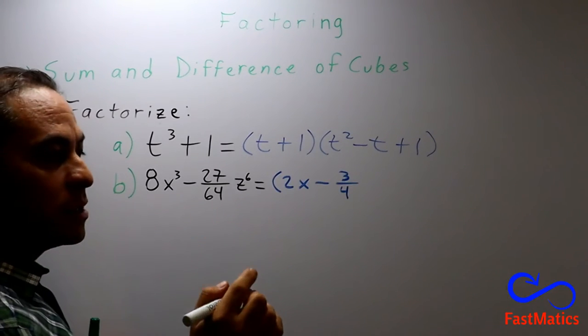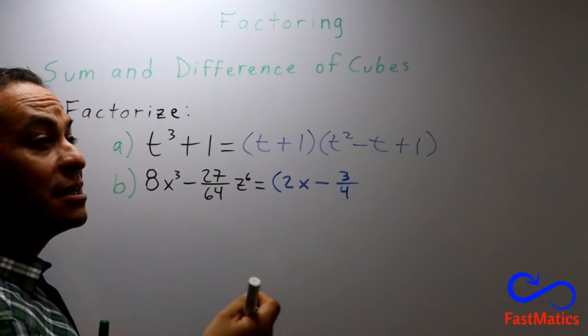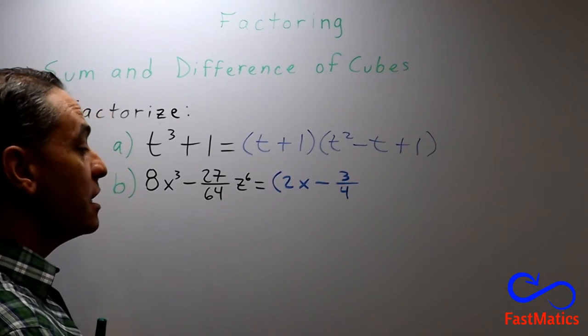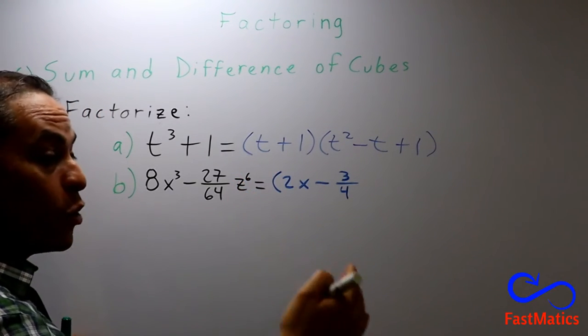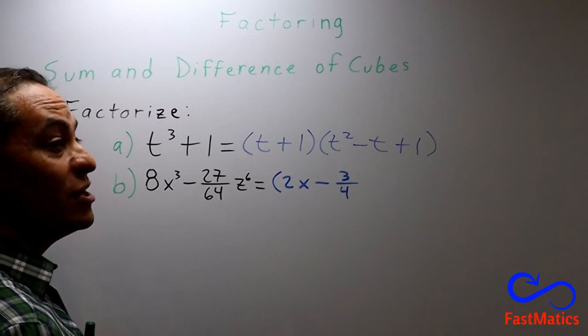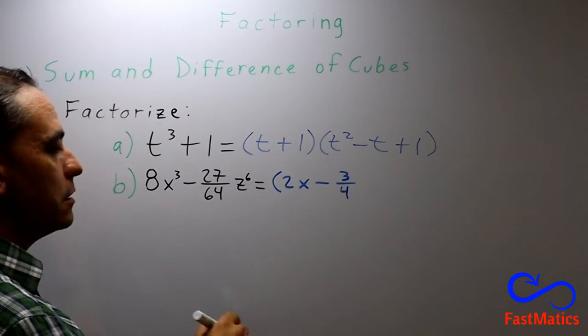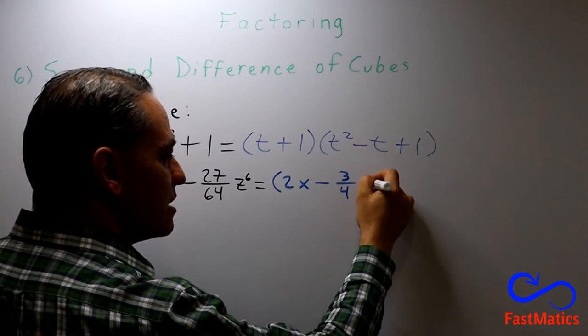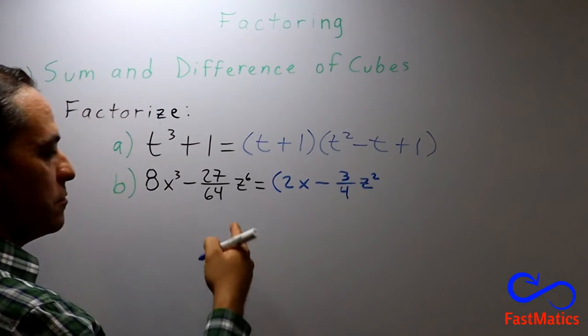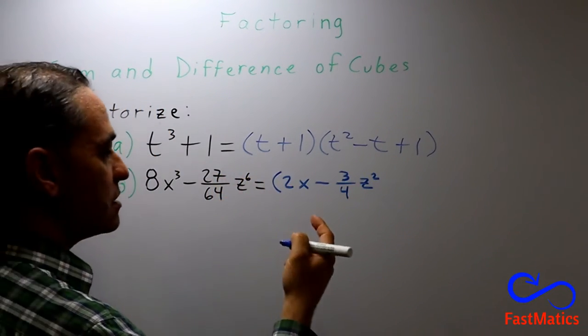Now, remember, when you calculate the cube root of something, you need to divide the exponent by 3. And if it is the square root, you need to divide the exponent by 2. So here we have z exponent 2, because 6 divided by 3 is 2.